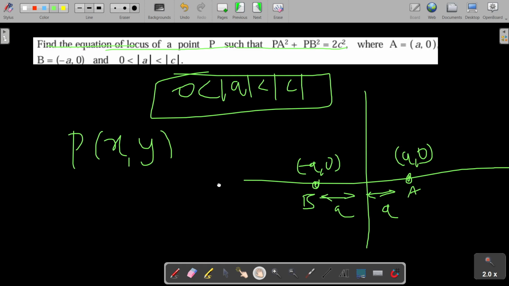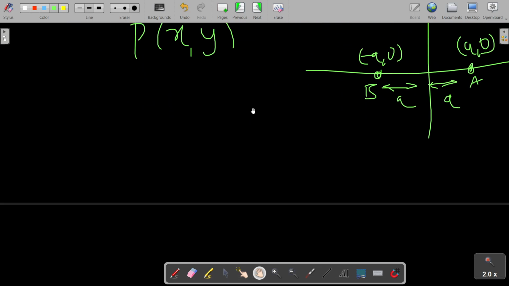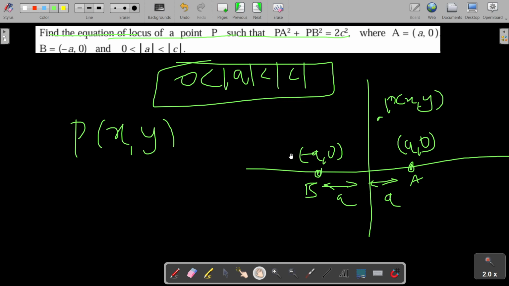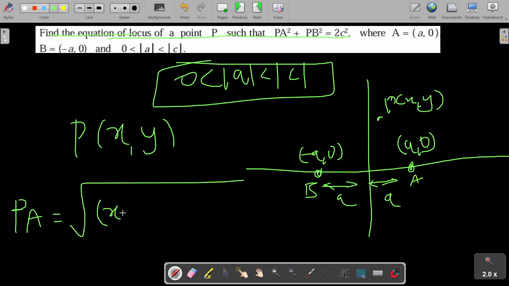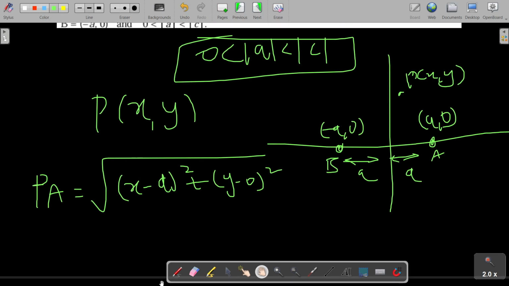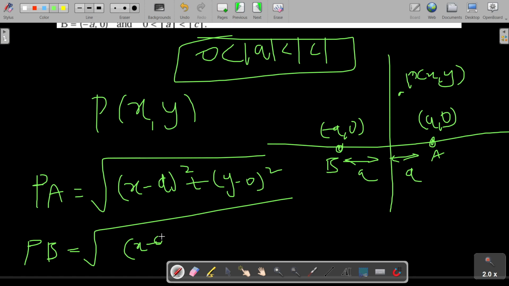Locus of the point. As we know, if I take any point P of x comma y in the plane and satisfy it with this condition, we have PA as the root of x minus a whole squared plus y minus 0 whole squared, and the PB distance, if I write, is x minus 0 whole squared, and y.